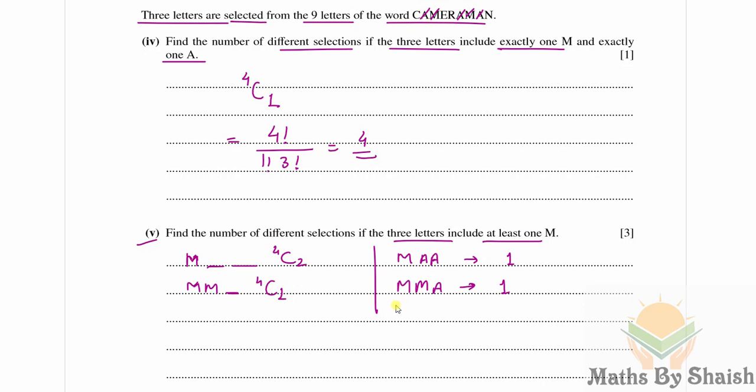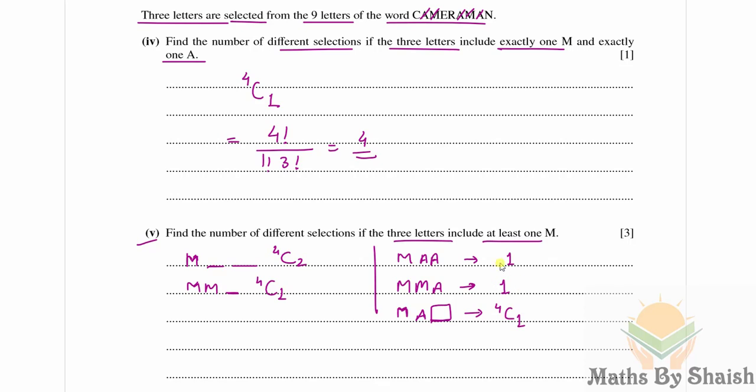And one last option is left: if we choose 1 M and 1 A, because we don't know anything about the other one. Suppose 1 A is selected, in that case the rest, that one place, can be filled in, like we have selected M, we have selected A, so this place can be filled in 4C1 ways.